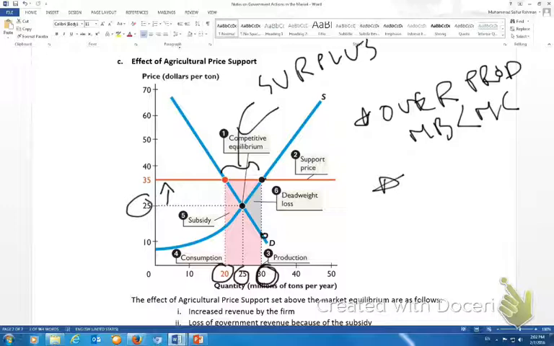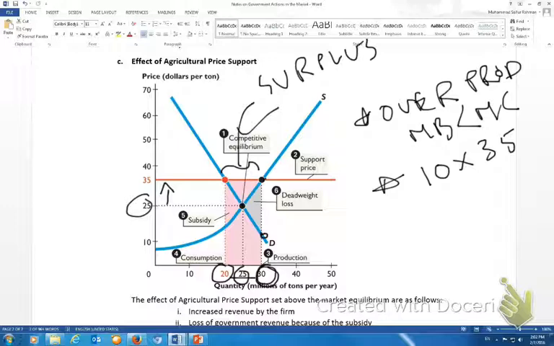So there is overproduction, and the government buys back the surplus, which is the 10 units of production that is unsold, between 20, what the consumer is buying, and 30, what the producer is selling. So the government buys these 10 units of output by paying the 35 unit price for each of them, right?